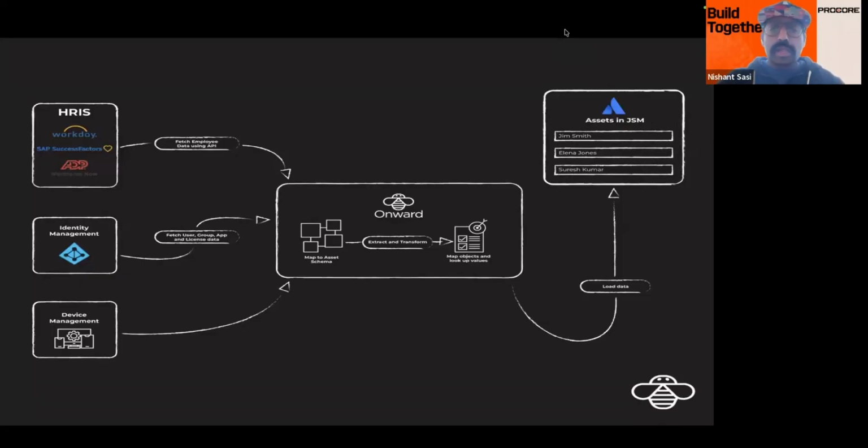And finally, as Prabhu mentioned, we can also fetch device data such as laptop inventory and phones from Intune, Jamf, or Kandji. And we'll have things like serial numbers, device encryption status, OS versions, and the other metadata associated with it, right?